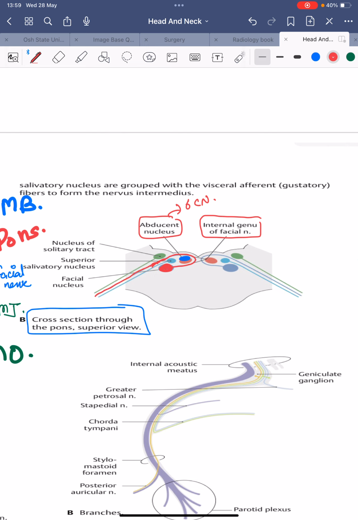Other fibers of the facial nerve are also coming from the superior salivatory nuclei and the nucleus of tractus solitarius. Nucleus of solitary tract fibers are coming, and some fibers from another nucleus, the superior salivatory nucleus, are also coming.